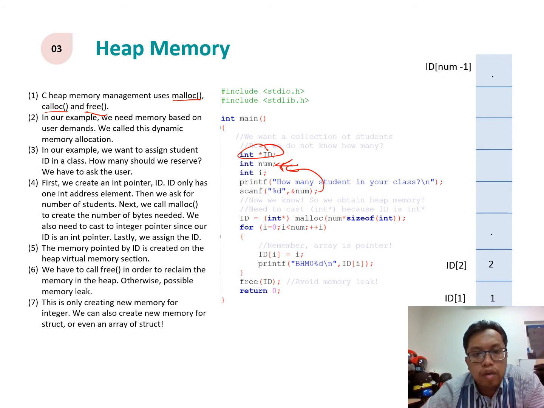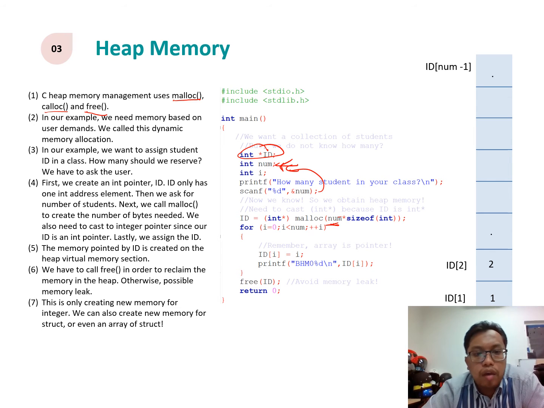What you have to do is first use the function malloc, and then we use the value in the variable num here, exactly the same thing. And then you just put the size of int.